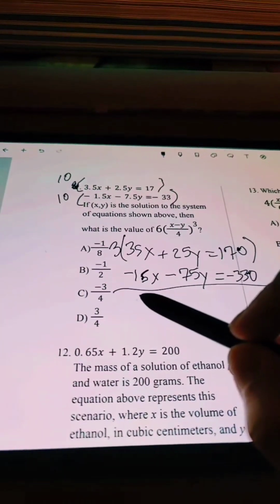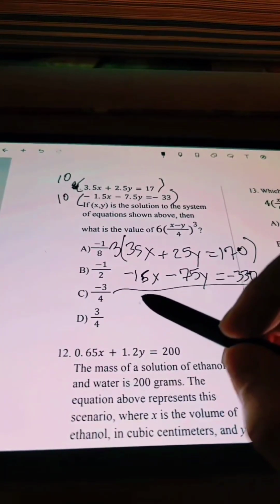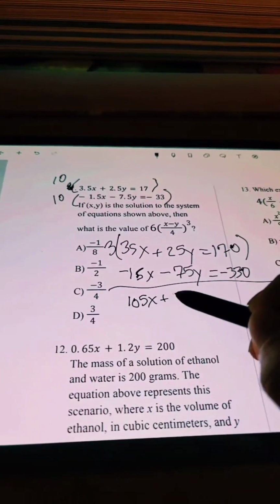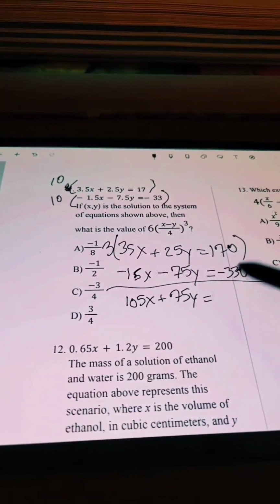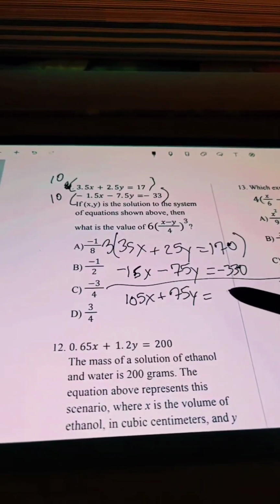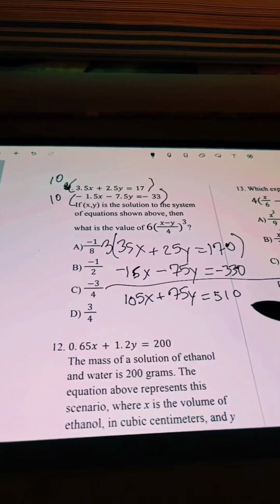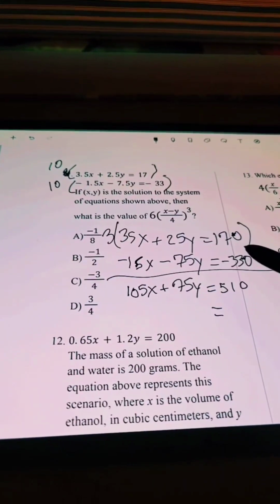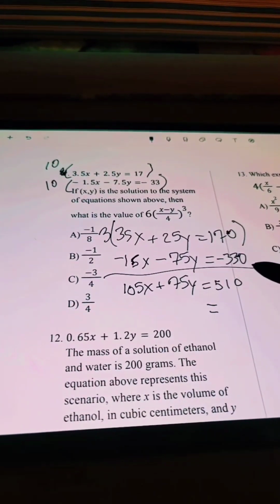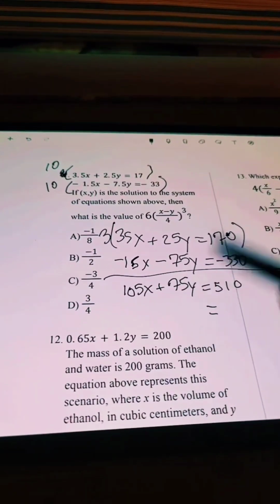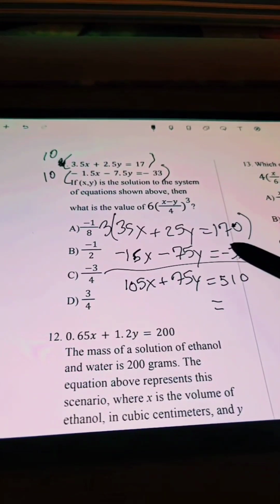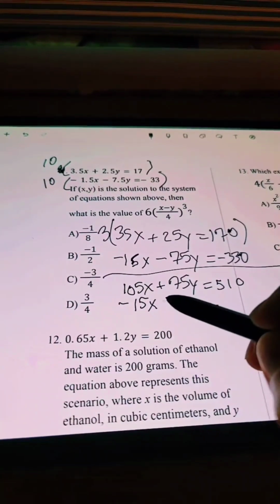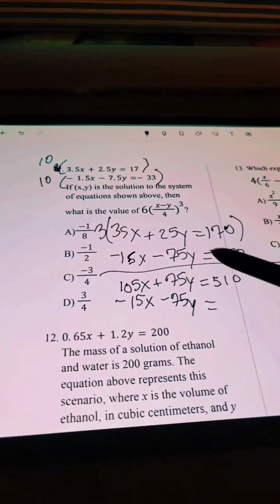So I'm going to say 3 times 35, that's going to be 105x plus 75y is equal to 510. Let me just double check that because I always get paranoid about my math at night. Yes, good. Now we're going to just copy down the other equation because we didn't do anything to that equation, so we don't need to multiply anything down there.